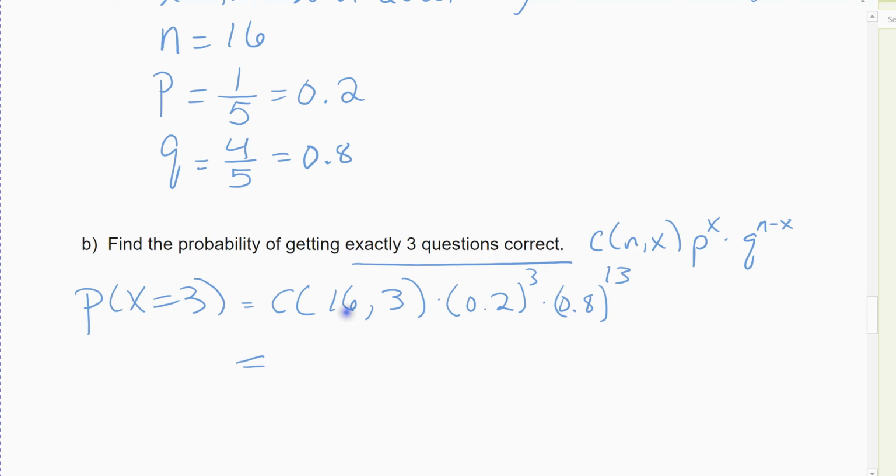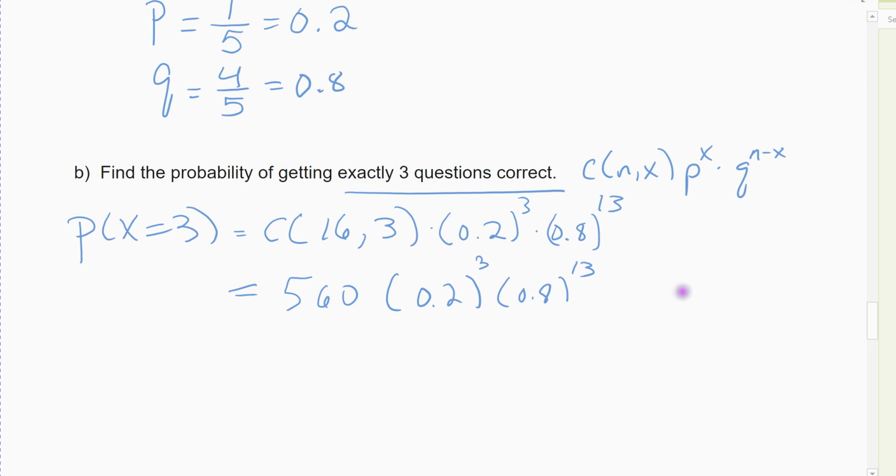Then I go and finish my formula. I do my combination first, although you could type it in all in one shot, that's fine. This comes out to 560, so there are 560 ways to guess 3 out of 16 questions, and then the probabilities. This is the probability of guessing 3 questions right and 13 questions wrong, and there are 560 ways that happens.